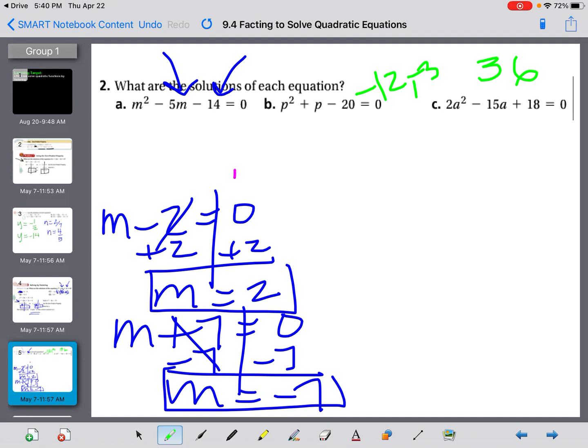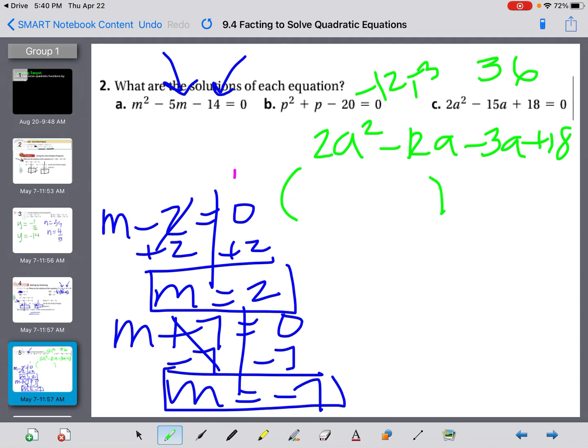So when I write this out the long way, it's going to be 2a squared minus 12a minus 3a plus 18. Okay, to factor, I can pull out a 2a on this side, leaving me with just a minus 6. And on this side, I can pull out a -3, leaving me with a minus 6.